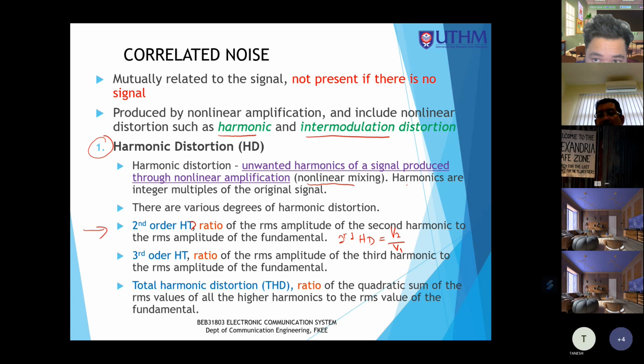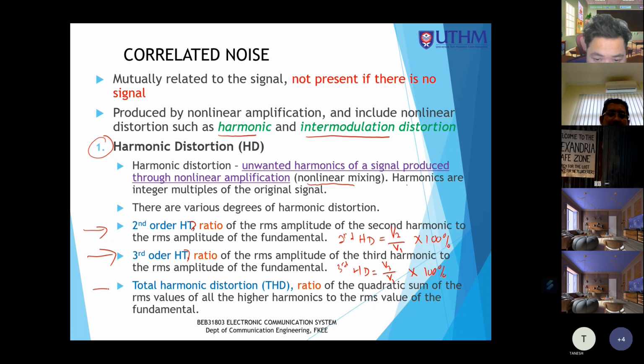And if you want to find it in terms of percentage, we need to multiply it by 100%. Another one is the third order, the ratio of the third harmonic to the RMS amplitude of the fundamental. So third order HD is equal to V3 over V1, and for percentage we just multiply it by 100%.